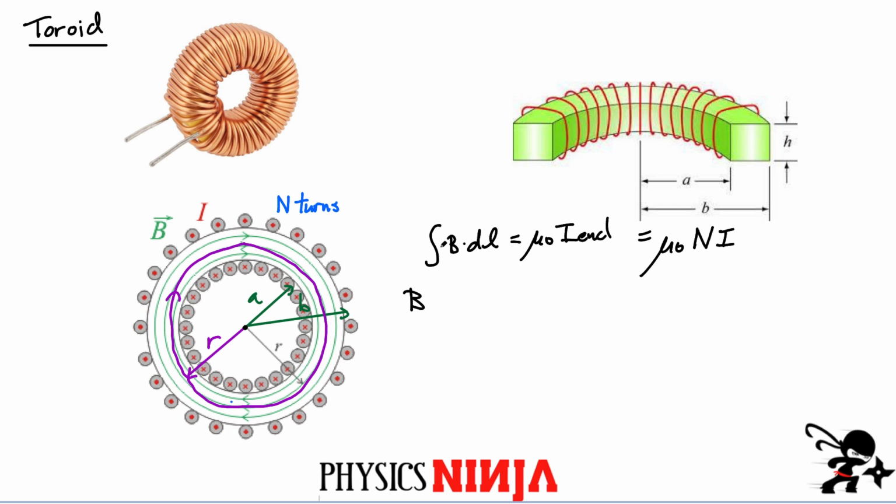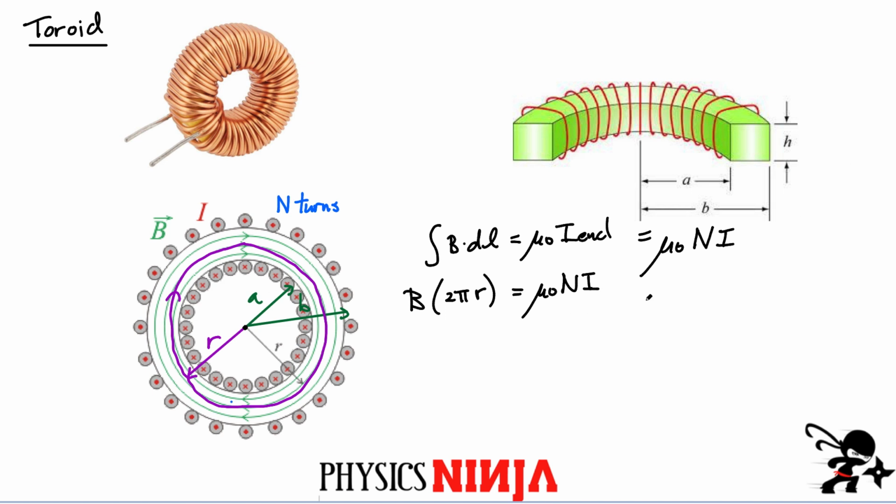What I'm left with is simply integrating around this Amperian loop, and for a circle, that is simply the circumference. So it's 2 pi multiplied by little r, equals mu 0 nI. Notice again, for a toroid, there's very little magnetic field outside of the loop, so I'm really just enclosing only the n turns inside.